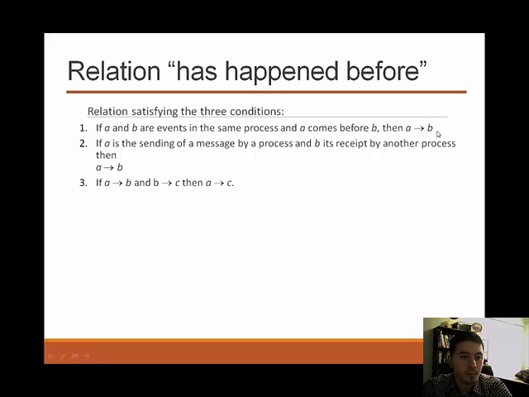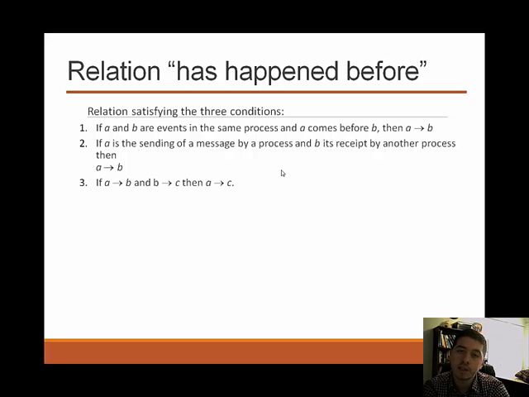Also, the second condition: if A is the sending of a message by a process and B is the recipient of that message in another process, then A has happened before B, because A has to send the message, some time has to pass during the transmission, and B has to receive that message.